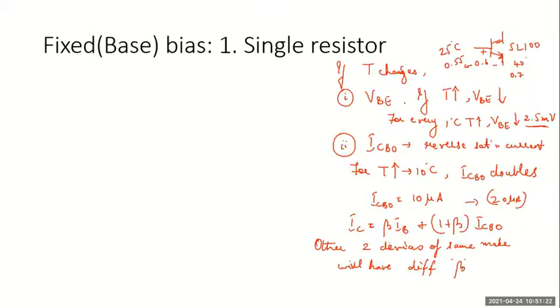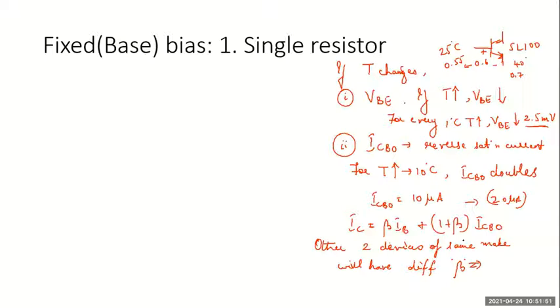The beta or the current gain factor in a transistor will not be the same for any two transistors, even if both are from the same manufacturer and even if they were manufactured in the same batch. Why does this happen? Any idea? All are made together. There were 100 transistors or 1000 transistors made together. Each transistor will have a different beta.